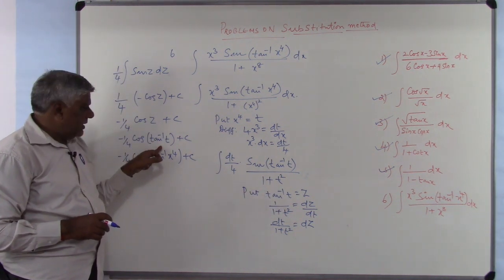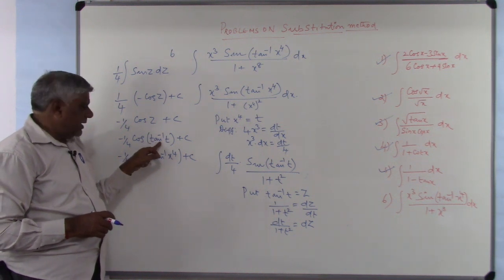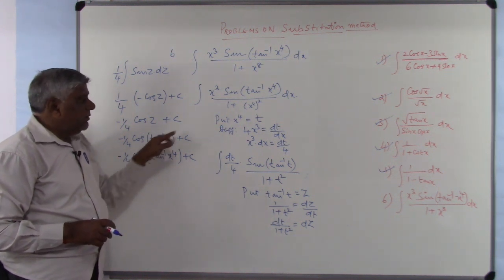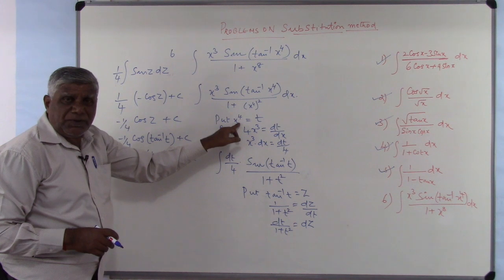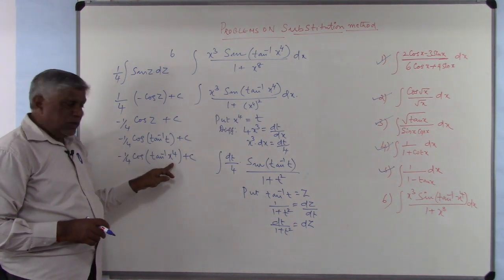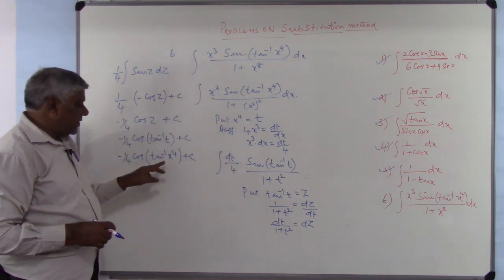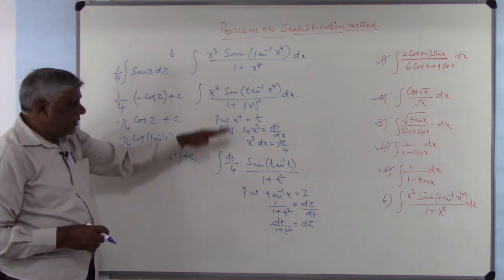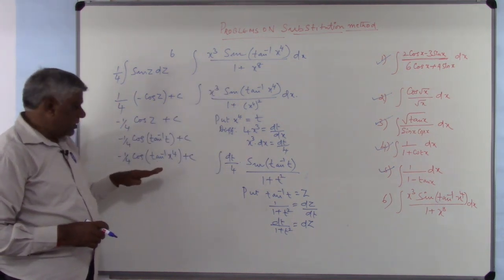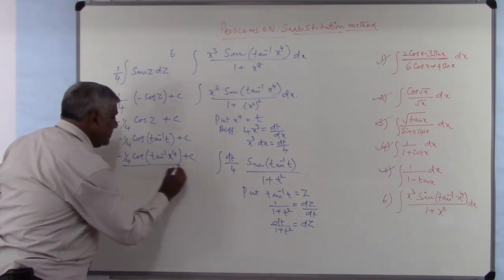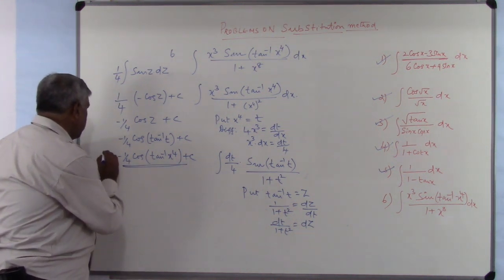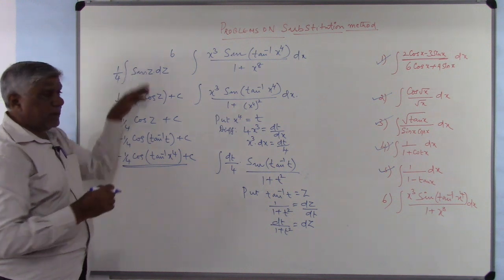Again, for t, we have to replace this by x to the power of 4. So it is tan inverse x to the power of 4 plus c. See, the original problem is in x, so altogether we have come back to the original problem. So this is the answer for that problem. So much you have to do.